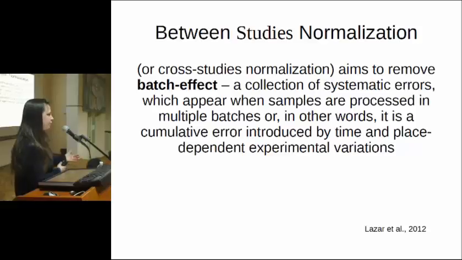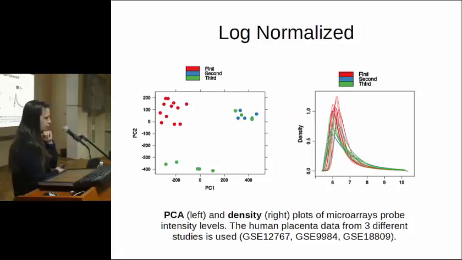And I will show you a few practical examples of what within-study normalization and between-study normalization mean. So here you can see, I took 3 different studies. Here you can see the identifiers from Gene Expression Omnibus. So each of you can download it and read the articles, see the raw values of the expression levels, so you can actually touch that data.